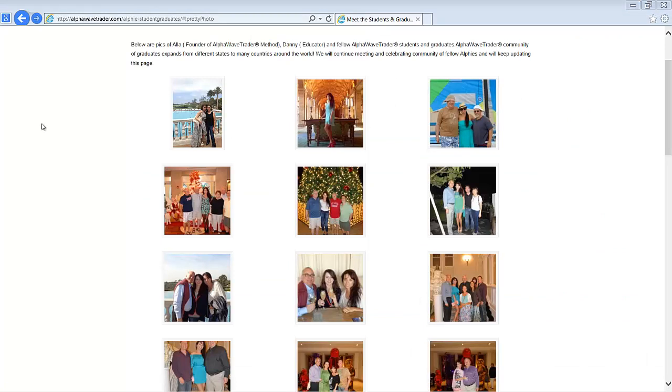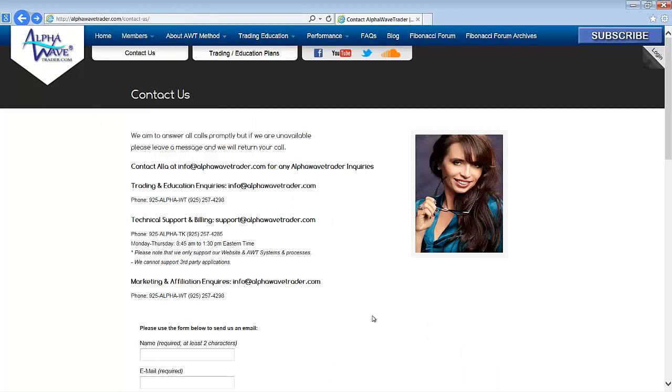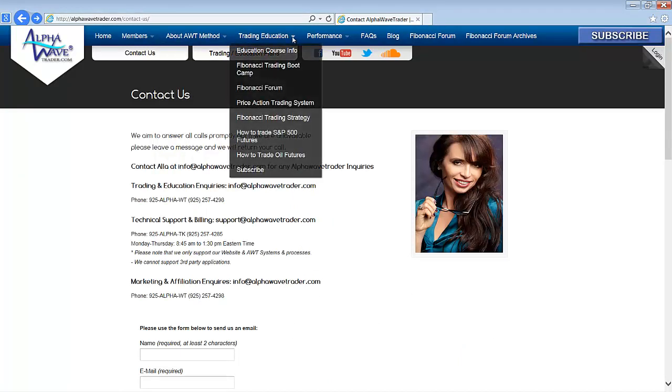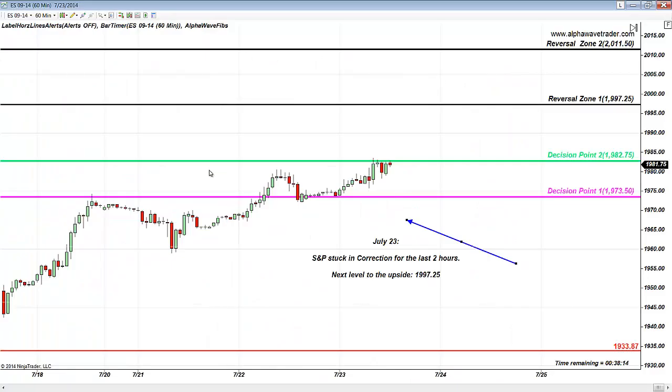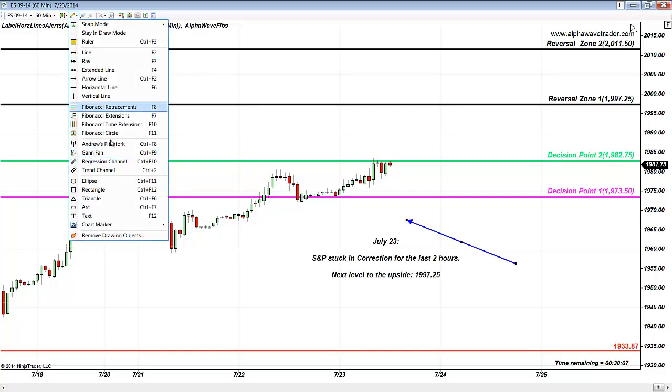Any other questions? Please let me know. Bruno is asking, are Fibonacci levels automatically plotted on the charts? Again, what I pride myself on is not using any indicators. So here's an example. Fibonacci tools are free on any platform, and so is price.